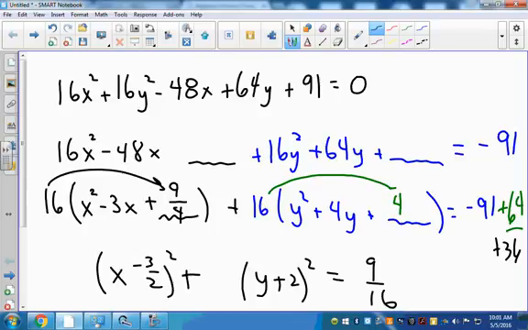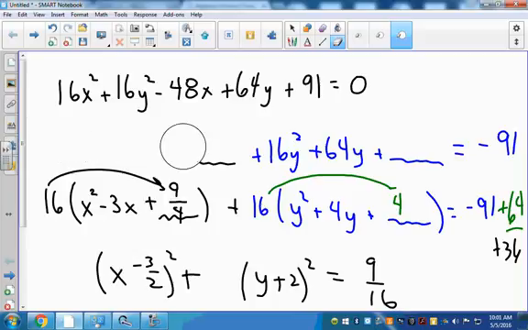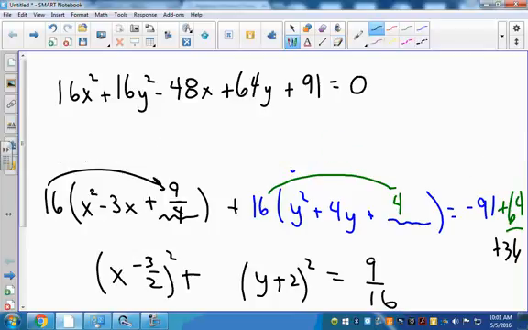If I wanted to, at the very, very beginning, just to clear that first piece, I could have divided by 16 all the way across like this. Now that looks a little ugly, right? But now this is nice. This is 1, 1, this is 3, this is 4, and that's still 9/16. So you might want to try it that way. You're still going to get the same center and the same radius.